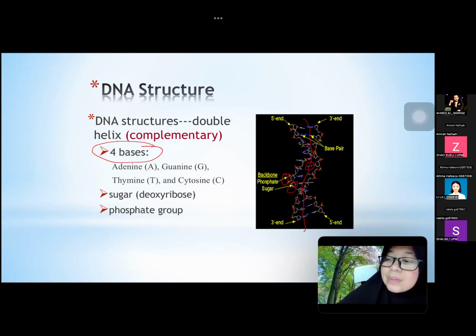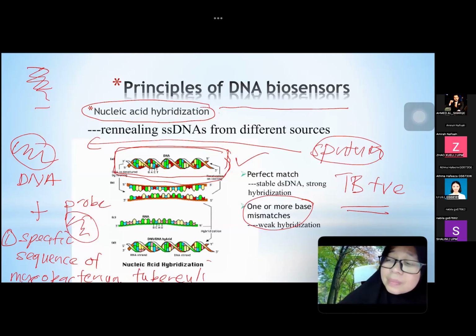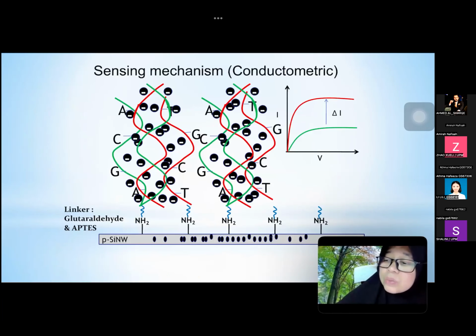Right. So now the next issue is, what is the transducer? The receptor is clear now.